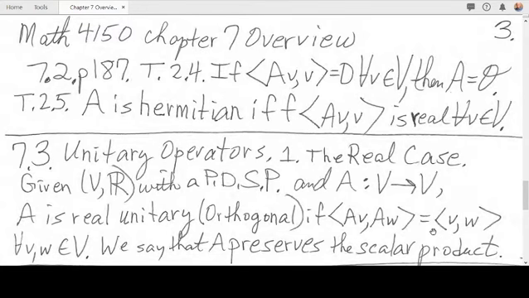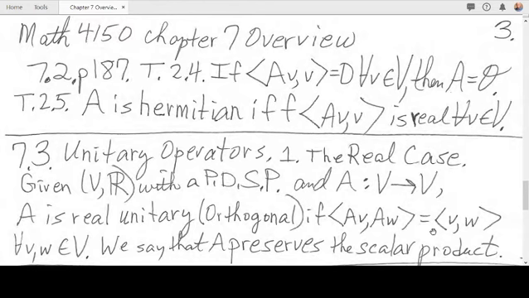Whenever the scalar product of AV with V, the same vector V, is equal to 0, if that's true for all vectors V in V, then A must be the zero operator. The zero operator, that's kind of a non-degenerate type property. And then a consequence of that, theorem 2.5, very important.